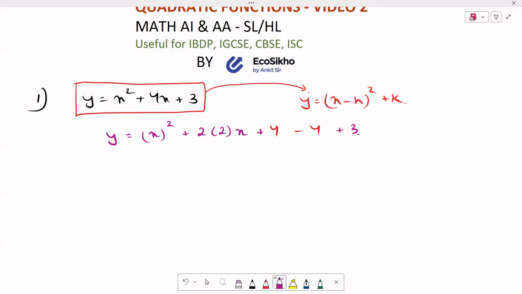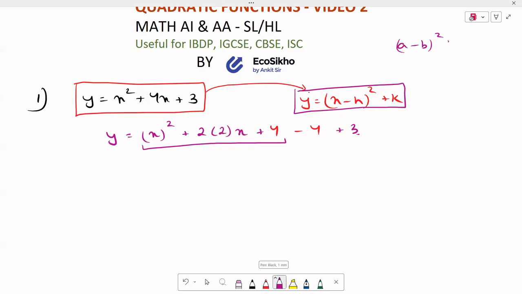The reason behind it is I want to make sure that this part gets converted into the form of (a minus b) whole square so that I can get an equation in the completed square form. Okay, so next up, y equals, this part can now be written as (x plus 2) whole raised to the power 2 minus 1.